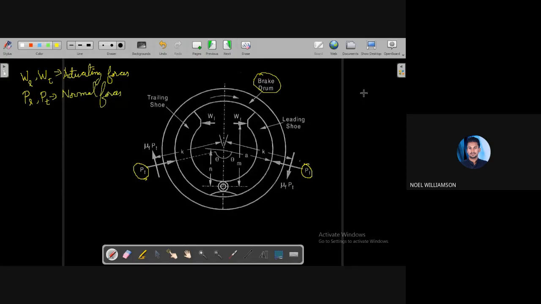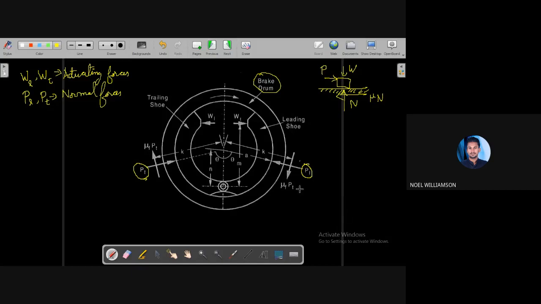As we learned in engineering mechanics, when a body is placed on a surface, the weight W will be acting, and with an applied force P, there will be a normal N, then the friction F will be equal to mu into N, right?